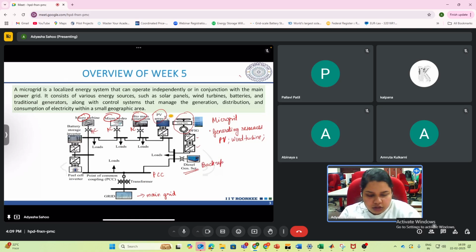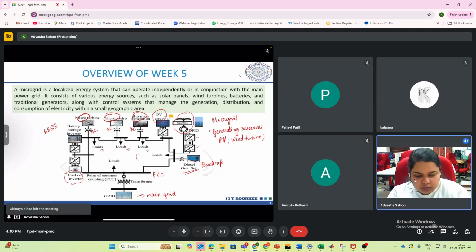These are all the generating side. Here you also have a fuel cell, and we have a BESS, battery energy storage, installed to handle the intermittencies, or store the excess power from the renewables during their high periods and discharge whenever they are absent to satisfy the loads. Then you have various loads here. All loads are AC type here, so this is an AC microgrid.